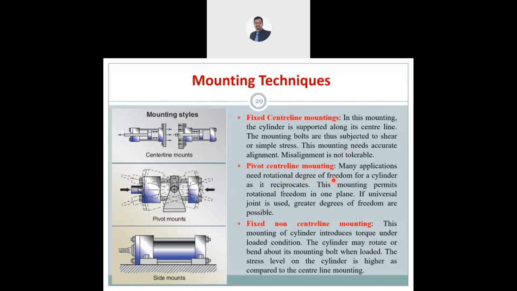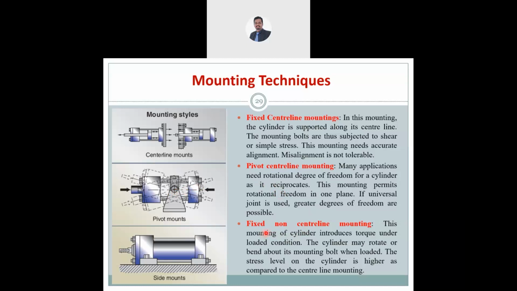It can move up and down. So you try to imagine. I can't really show. In a face to face lecture, I could show how. So you just clip at the middle, and it can move upward and downward.